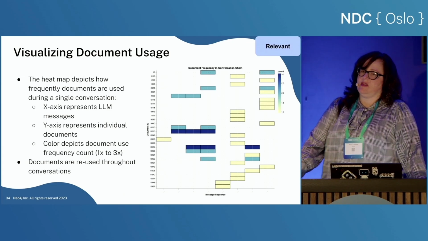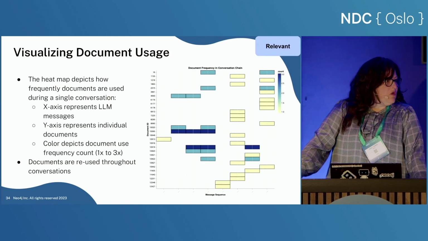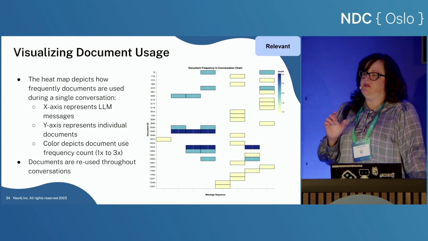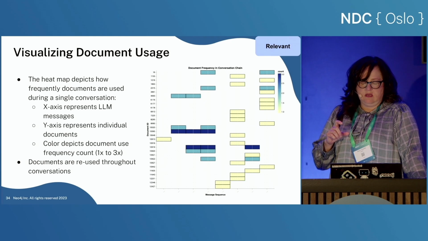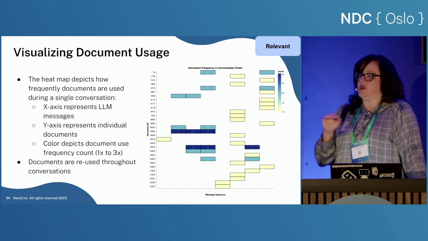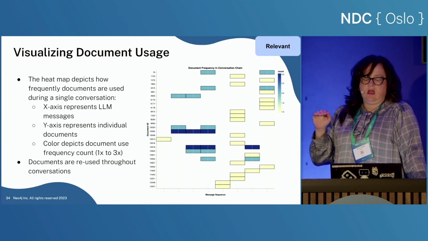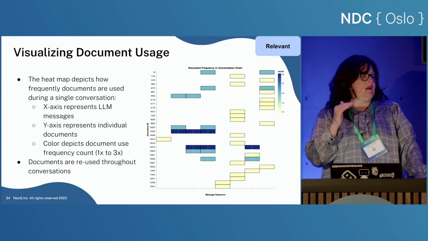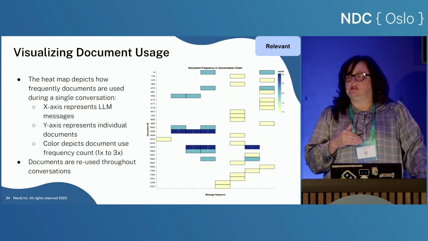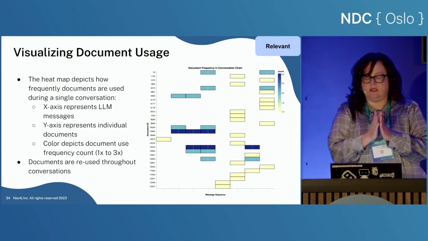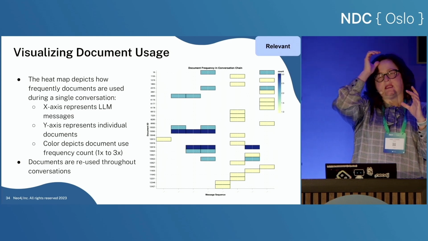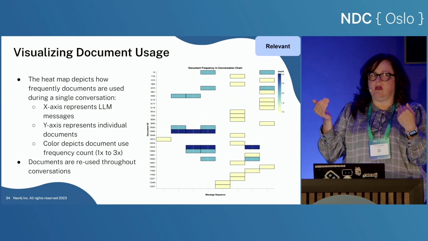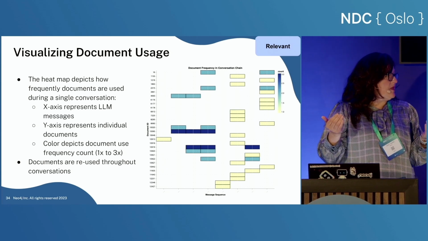So this is where things get a little bit heavier and more for the data scientists in the room. In this case, we've taken the conversation, and across the bottom we see the message sequence. On the left-hand side, it's the different communities of documents. And what we're seeing here is the heat map, right? The darker it is, the higher the count of documents from that group.